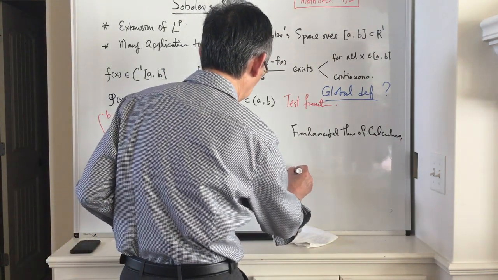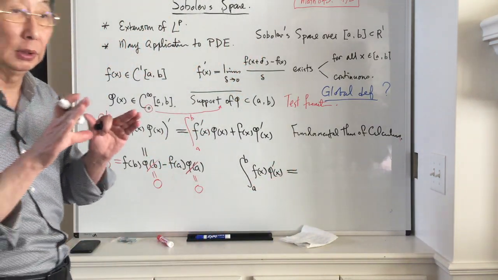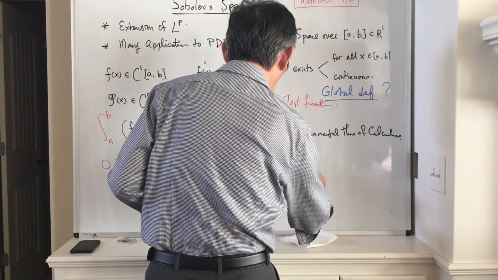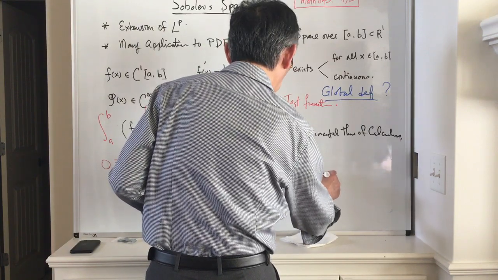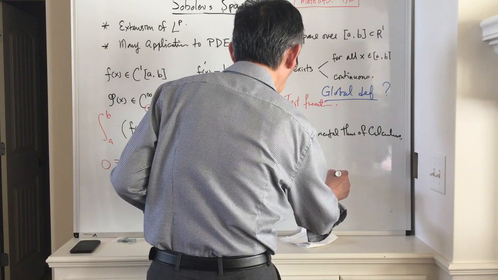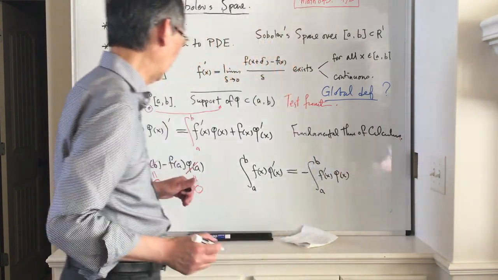Now this equals the other term, and the other term on the other side carries the negative sign. So it becomes minus the integration from a to b of f prime(x) and φ(x). Okay, so I have this.